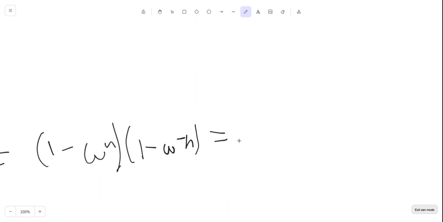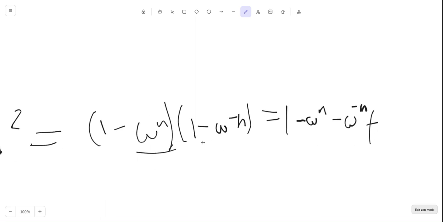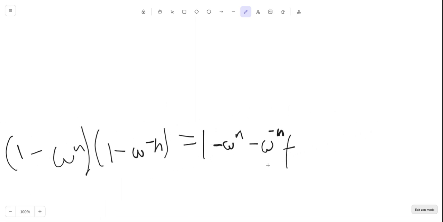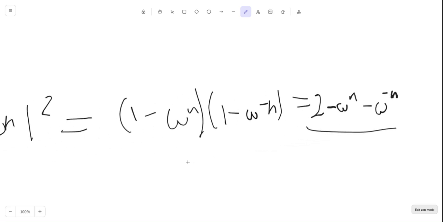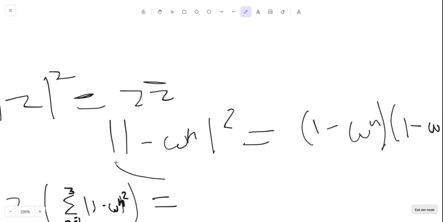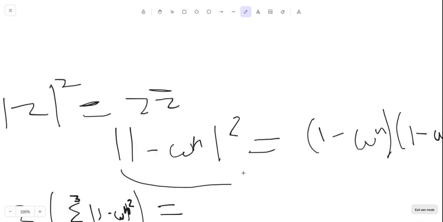This is 1 minus omega to the n minus omega to the negative n, and finally plus, well, these multiply out to 1 as the exponents cancel, so we're adding 1. This is just 2 minus omega to the n minus omega to the negative n. Alright, we have this really nice formula we can use on this absolute value squared.